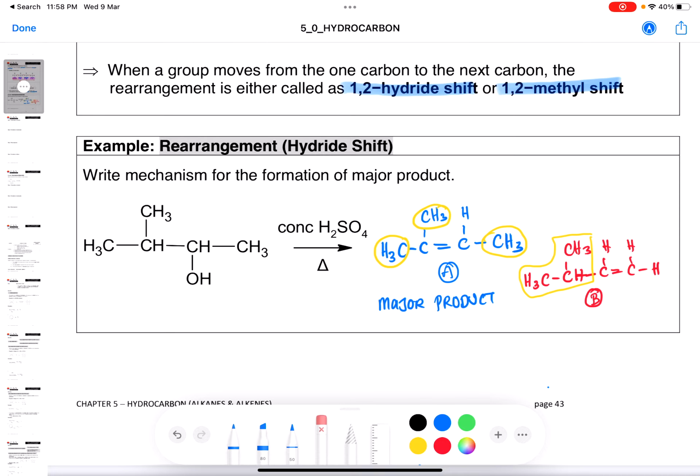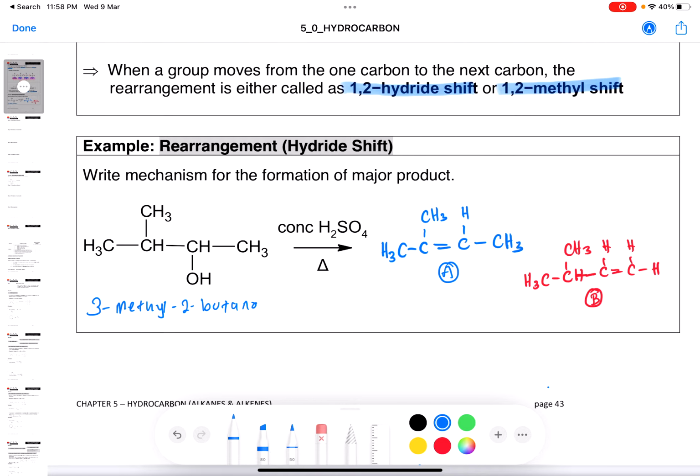Now if you look here, we have the formation of product from this alcohol, 3-methyl-2-butanol.